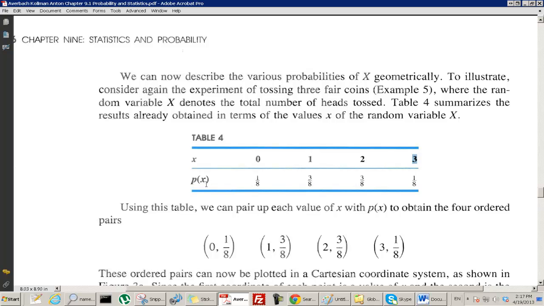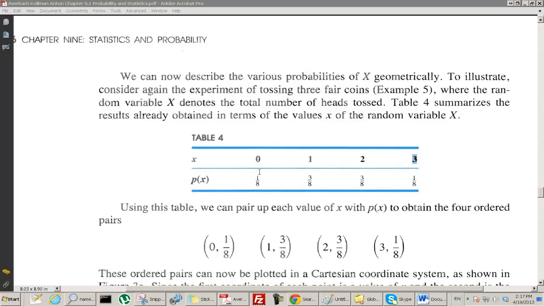And now we have the probability function of x, which is 1/8 the chances for this, 3/8 the chances for this, 3/8 chances for this, and 1/8 the chance for this. So now we can consider graphing this function, right? x and p of x, that looks like something we might try and graph.